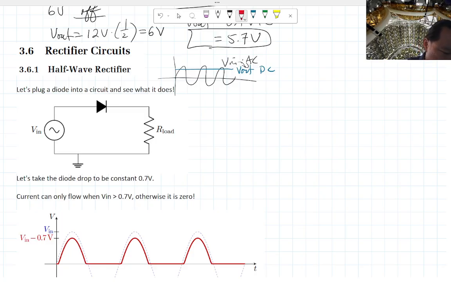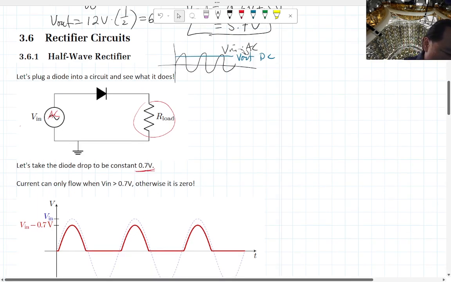So this is how we can build this. You have some AC voltage source, right? And you pass it through a diode first, and then you put a resistor right after it, and then it just connects to ground. The diode drop is going to be 0.7 volts.